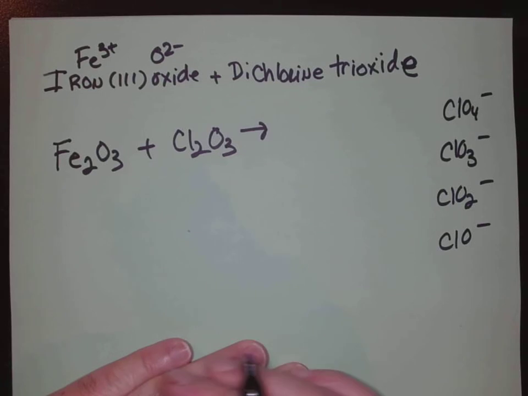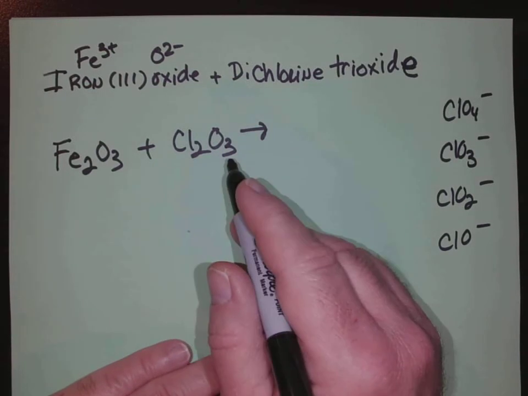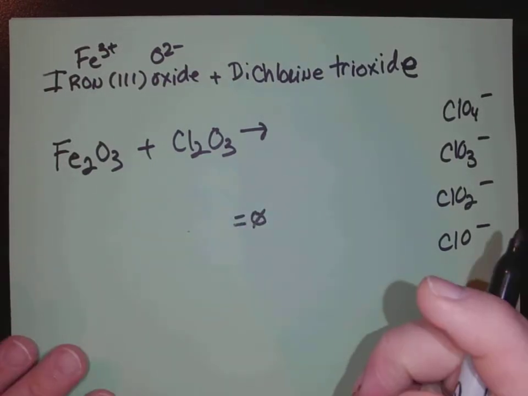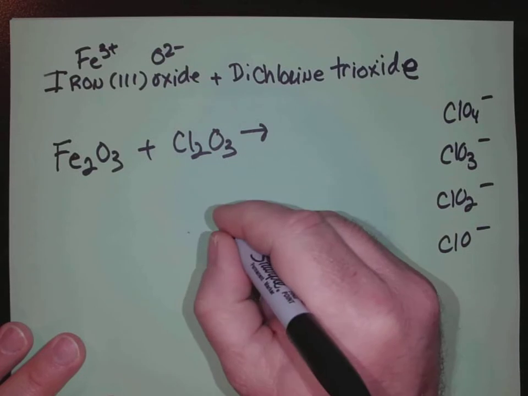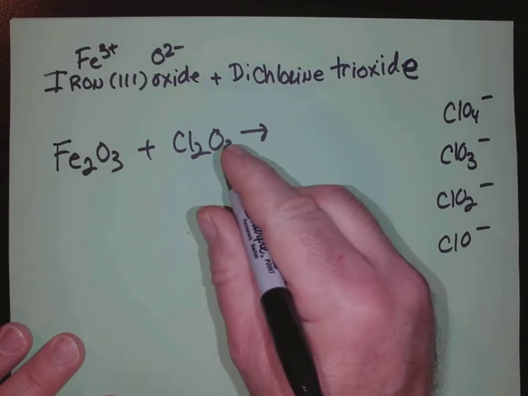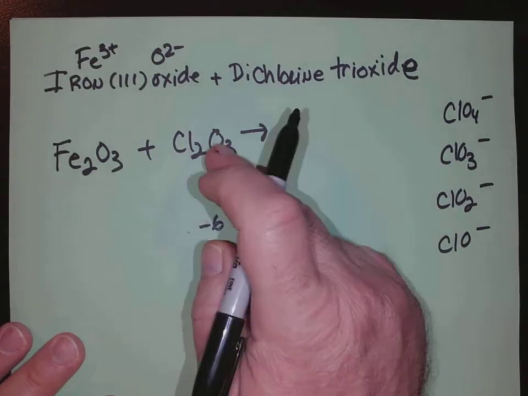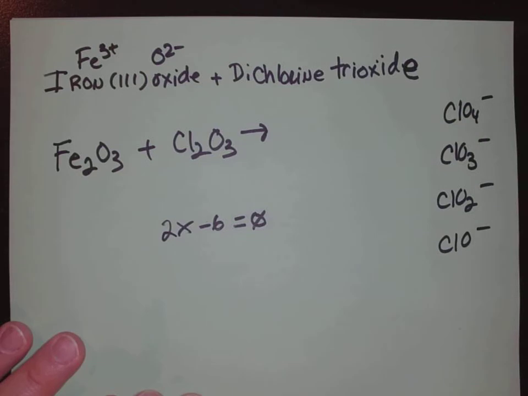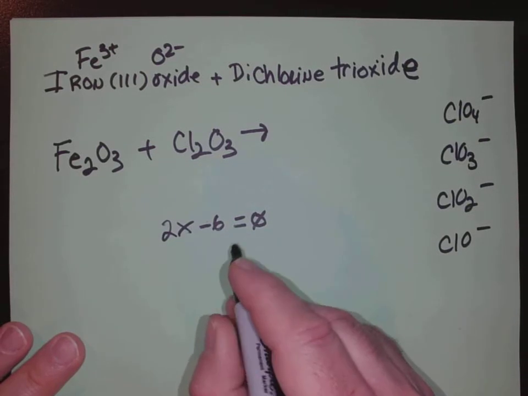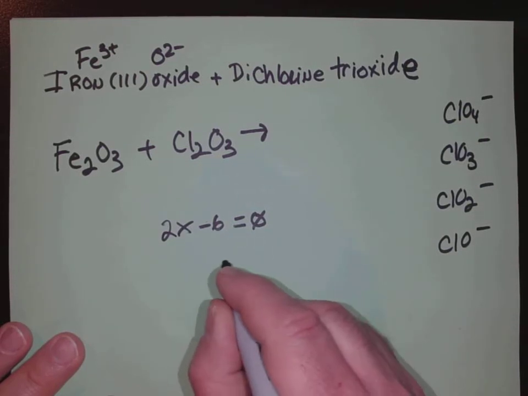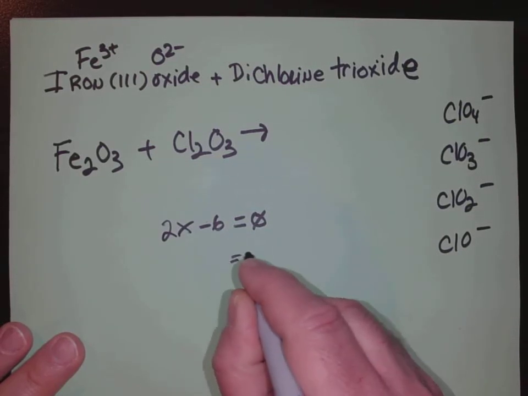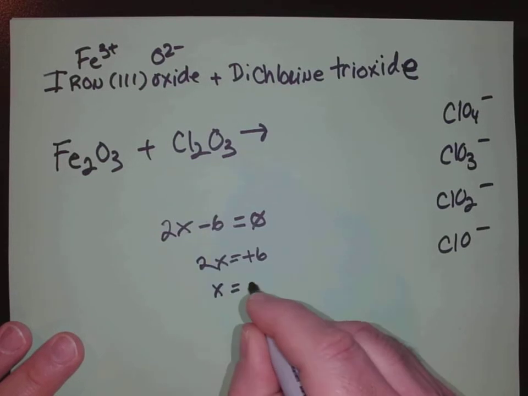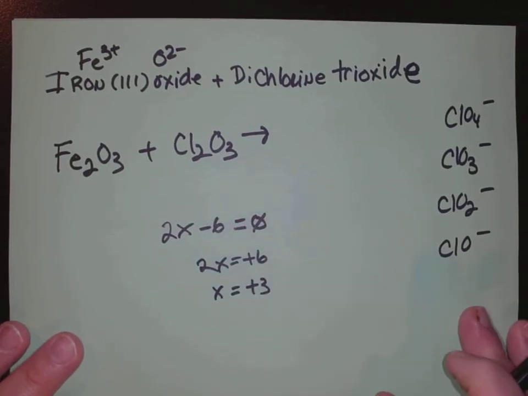Okay, welcome back. So, to figure out this oxidation number, again, we set it equal to 0. Okay, this is a -6, right? And this is 2x. So, in order to make this a true mathematical statement, x would have to be +3.